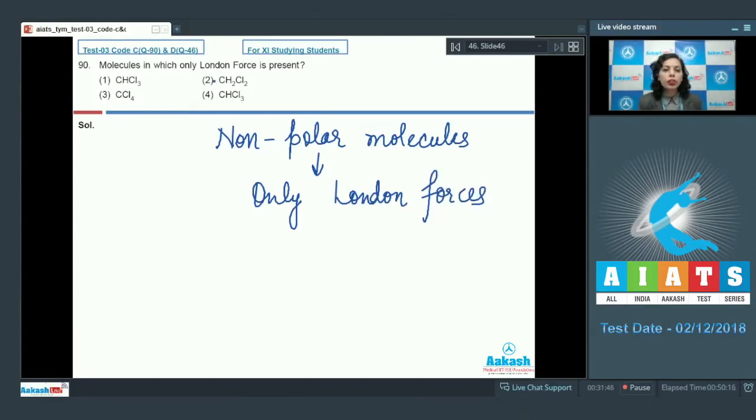And in the given options, if you look at CCl4, it's a non-polar molecule. That is why it only has London forces. And that's why I've chosen here option 3 as the correct option.